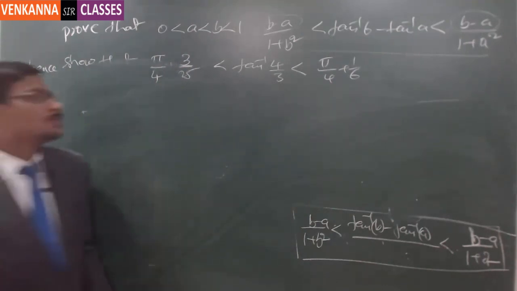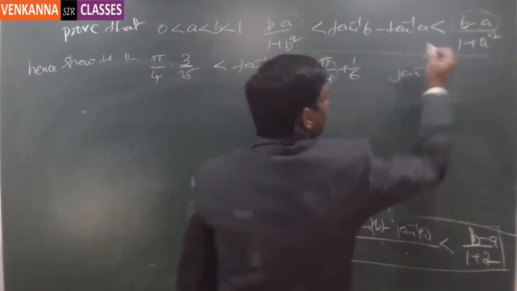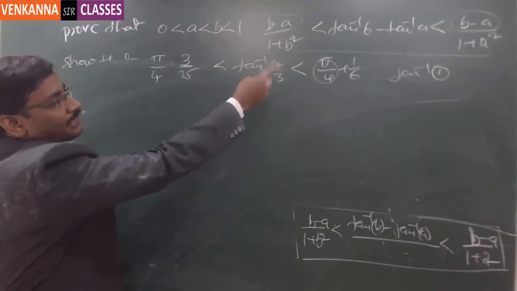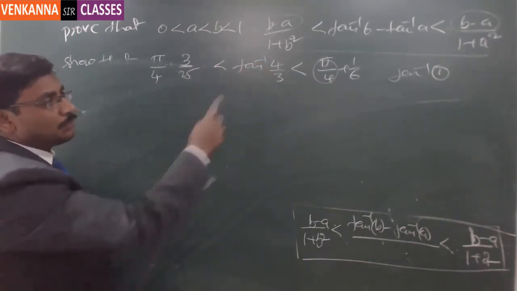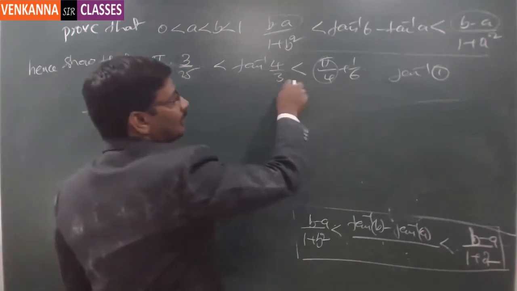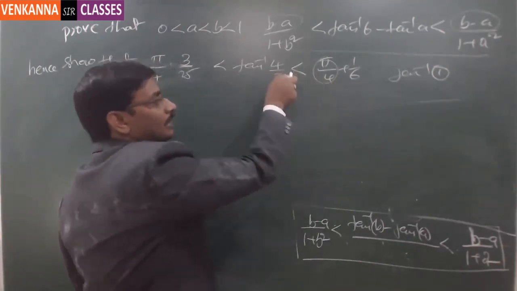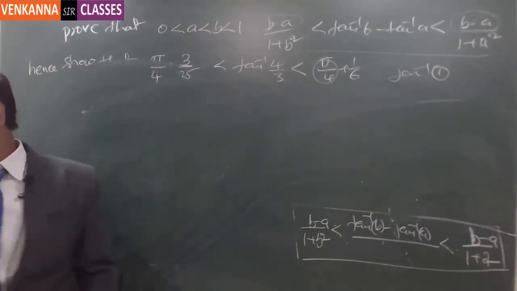See this. So this pi by 4 is nothing but tan inverse of 1. Anybody can guess it. But here, out of tan inverse b minus tan inverse a, one part is missing. That part could be tan inverse of 1, because the pi by 4 is on both sides. This is nothing but tan inverse of 1. If you bring it to this side, then this will be tan inverse of 4 by 3 minus tan inverse of 1.